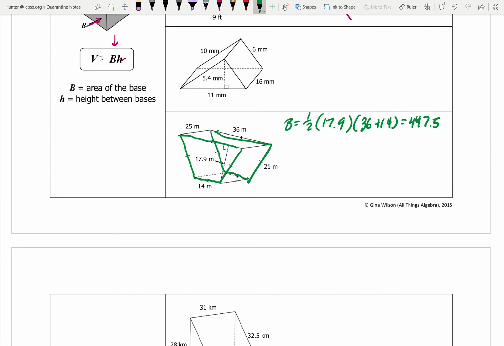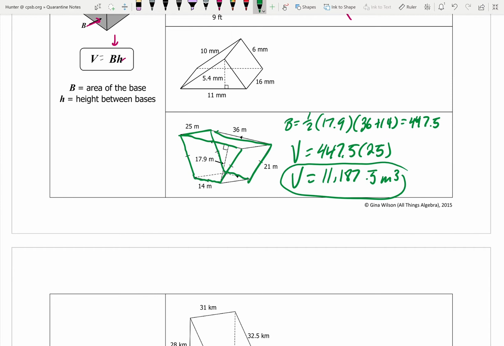Alright, now the distance between those two bases is 25 meters, so 447.5 times 25, for a total, excuse me, that's not area, it's volume, for a total volume of 11,187.5 meters cubed. And that's the volume of that prism.